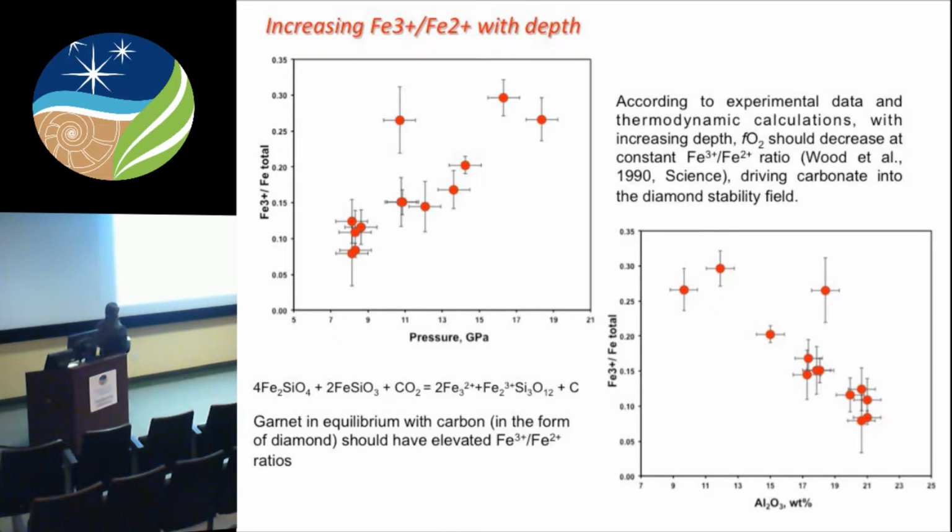by Wood et al., who predicted that not necessarily due to iron disproportionation, but also due to the reaction of carbonate with ferrous iron, you can increase the ferric iron component in the majorite, forming a skiagite garnet, and reduce carbonate to diamond.